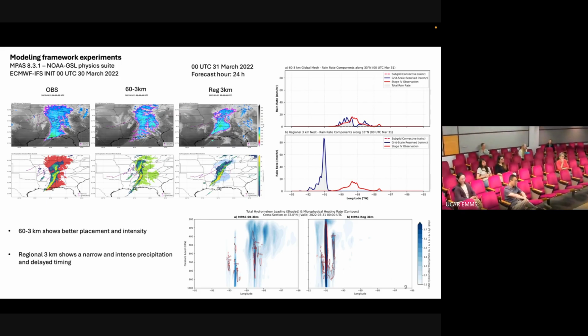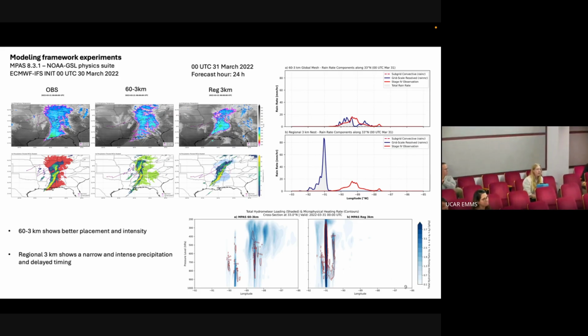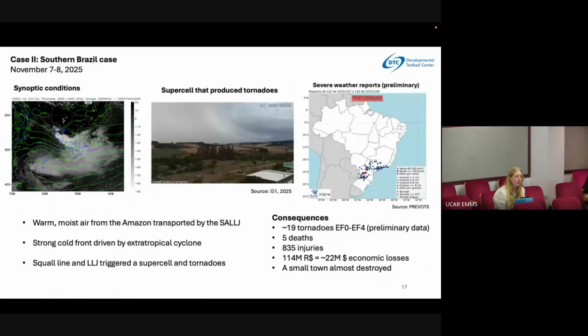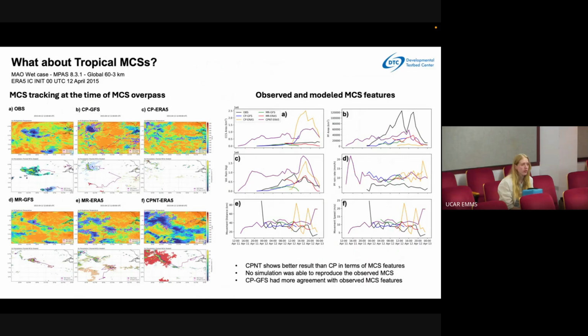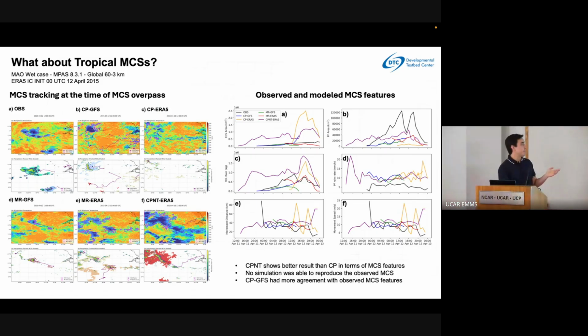My question is about the tropical precipitation being underestimated in basically all the cases. You mentioned microphysics being one explanation. Do you think there's anything else going on, like the PBL scheme, or have you tested some of those differences? Because I think a lot of people are seeing underestimation in tropical areas. Yeah. I think the persistent biases from climate modeling come from these difficult to reproduce MCSs over there.